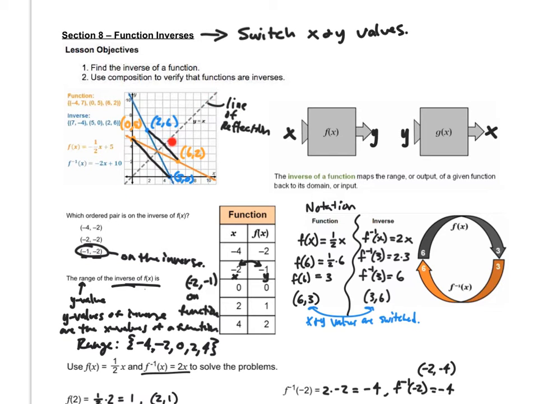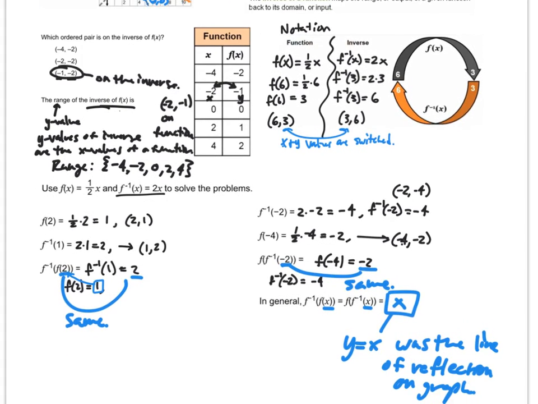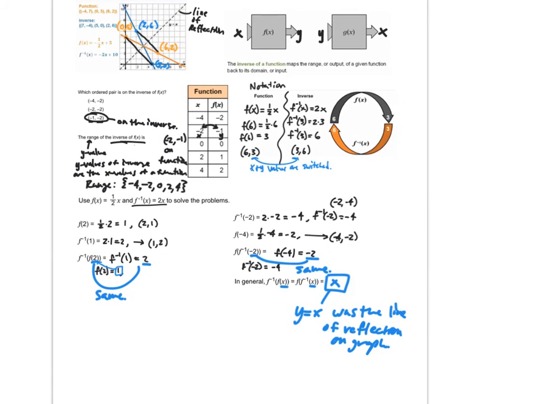That's what an inverse does. So when you take a function and its inverse and do the composite function, where you plug the function into the inverse, you will always get the value of x, and that's how you can tell if you have an inverse.